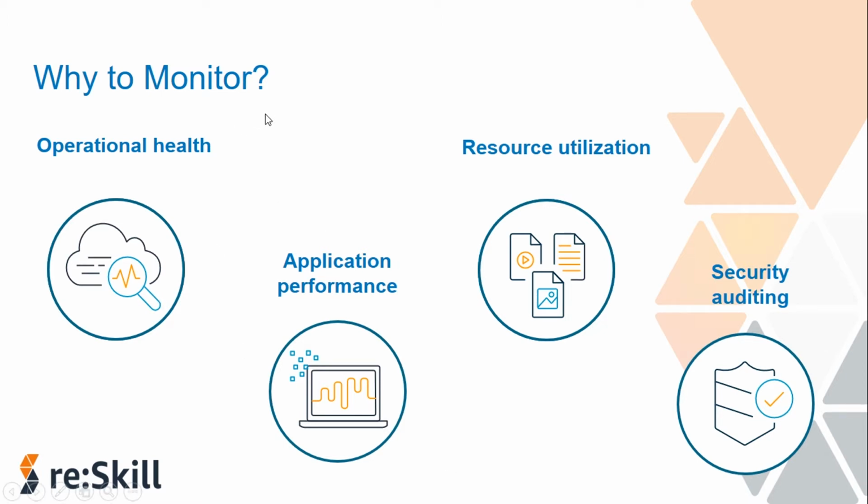Basically the operational health, how the resources are performing, are they okay, and the application performance, and how much resources are being utilized, are they overutilized, are they underutilized, or any sort of security auditing, that is, who is doing what. Like, is there any sort of unintended access that is happening that I may look for. So all these things I get to know only with monitoring.